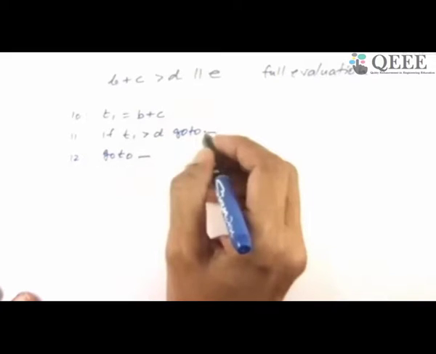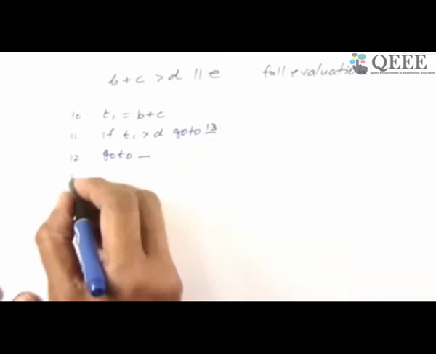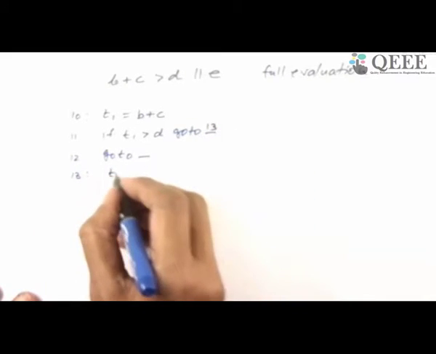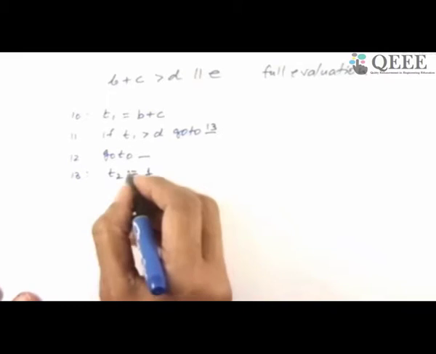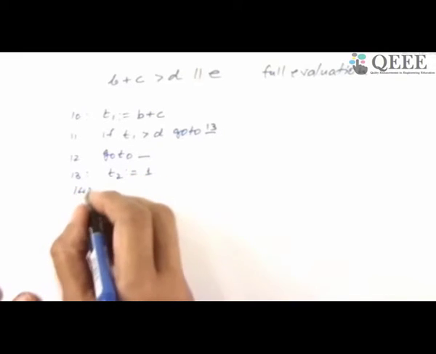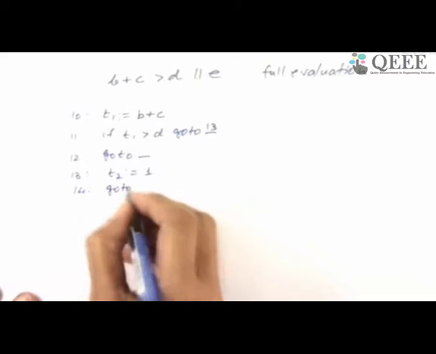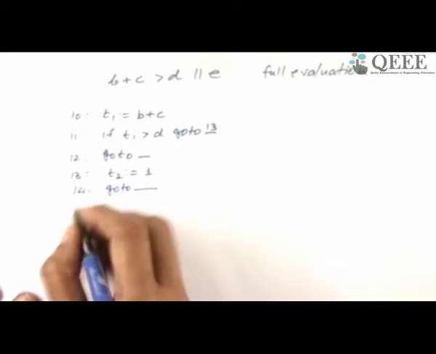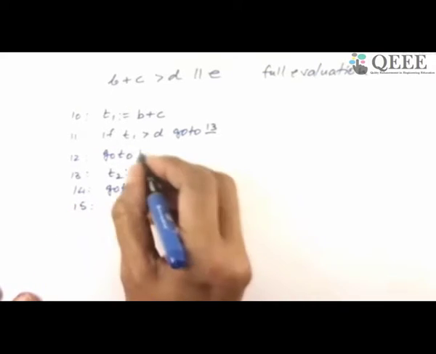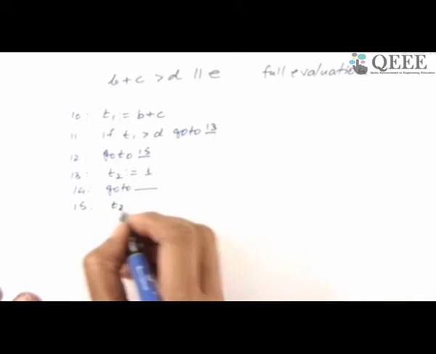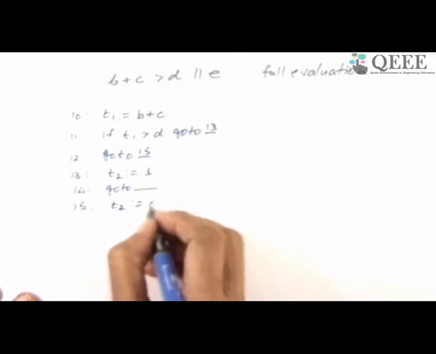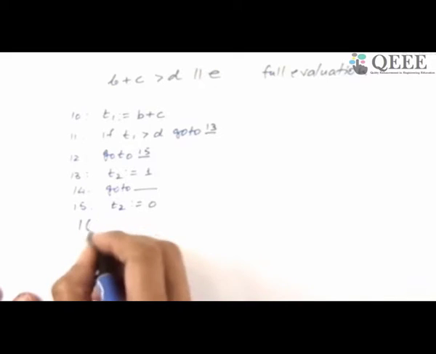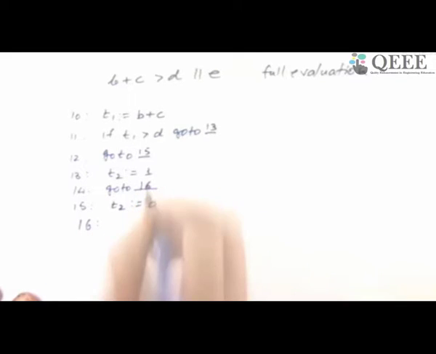So at 11, I will go to 13, and in 13 I will generate T2 assigned 1, which means it is true. Then in 14, I'll make it jump over the next statement. And from 12, I'll come to 15, where I'll produce the false value. T2 is assigned 0. And here comes 16.